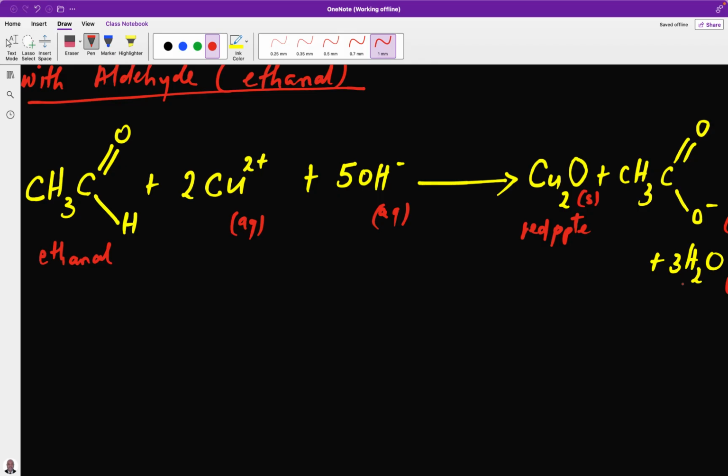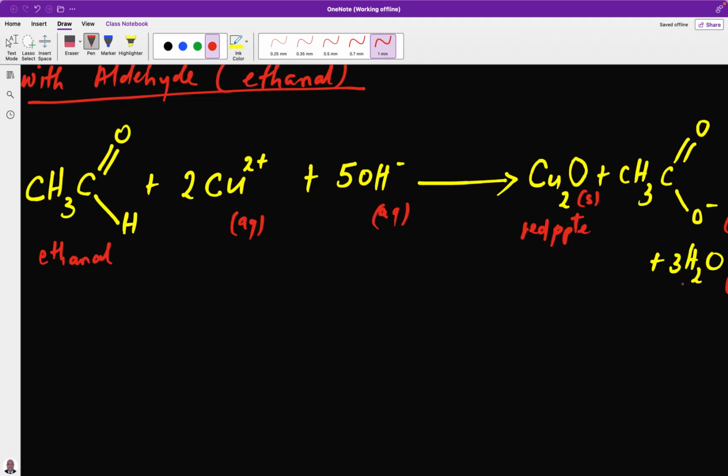What is happening here is that when a few drops of Fehling solution are added to a test tube containing an aldehyde, such as ethanol, and the reaction mixture is warmed gently in a water bath for a few minutes, the blue solution containing ethanol will turn red-orange.